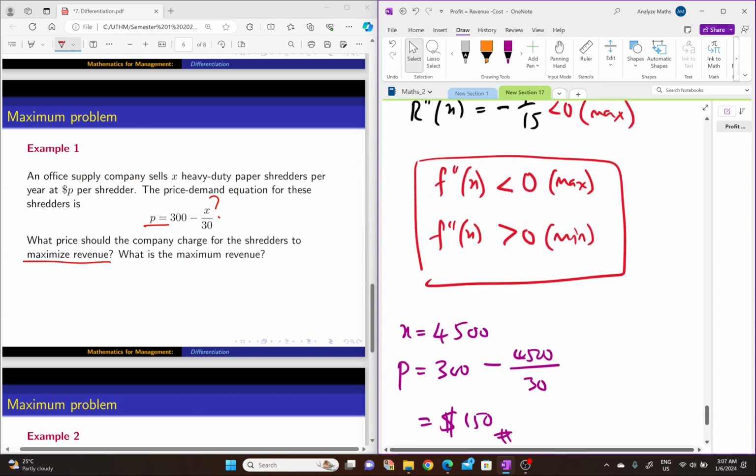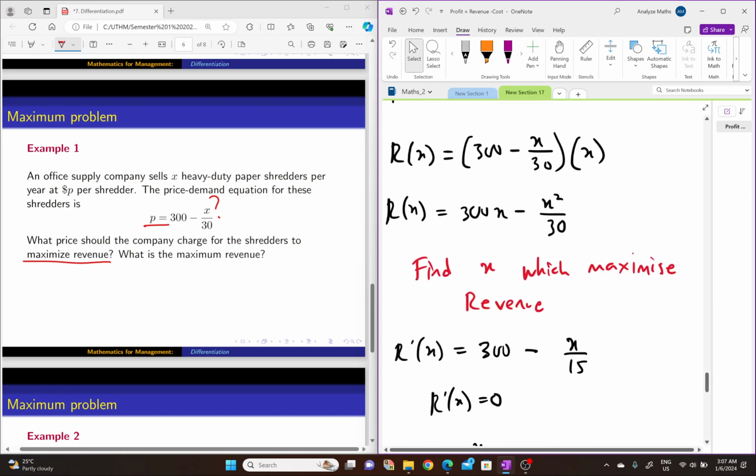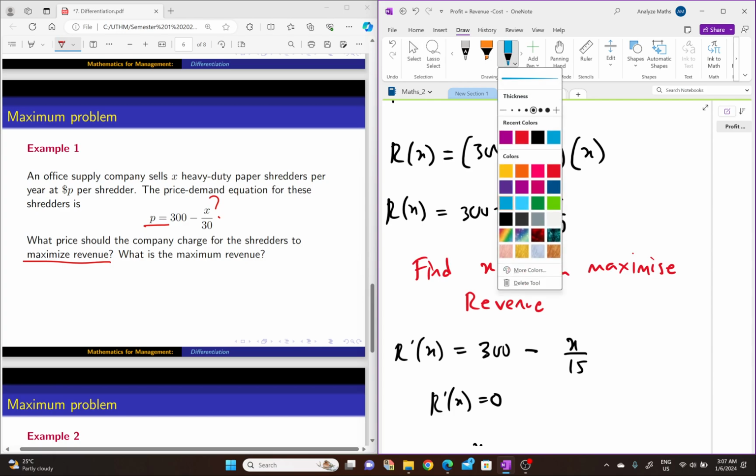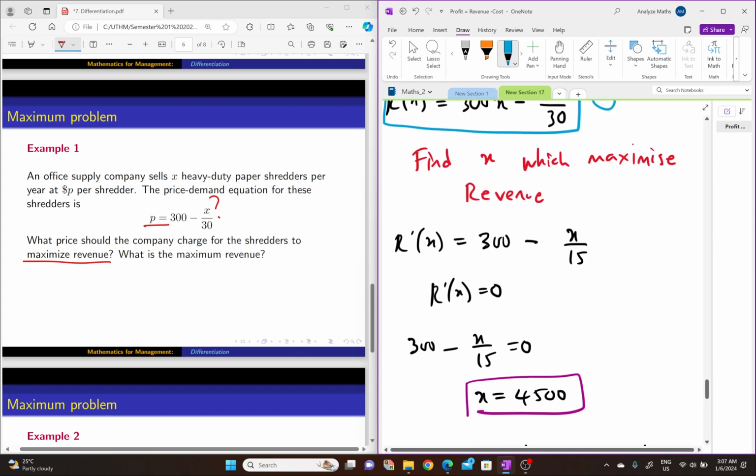We need to find the x. How to find the x? I go back again. See which one they want to maximize. Is it revenue, cost, or profit? In this case, revenue. Find the revenue function first. Find the first derivative.